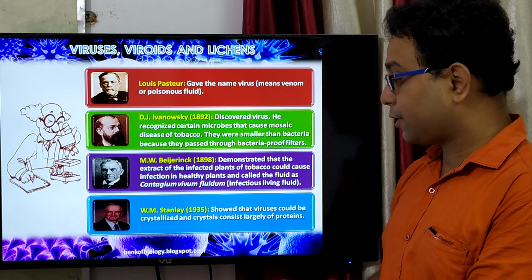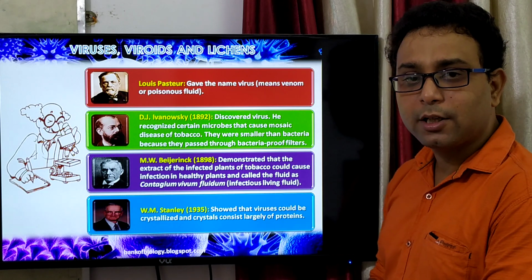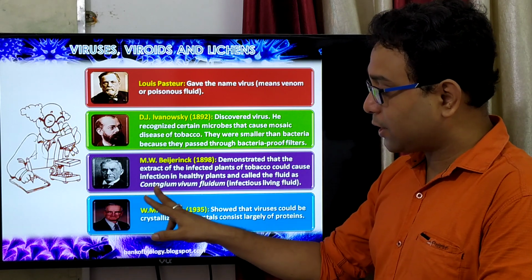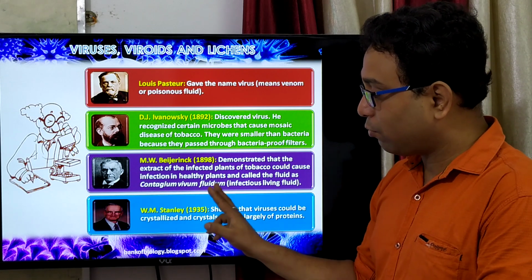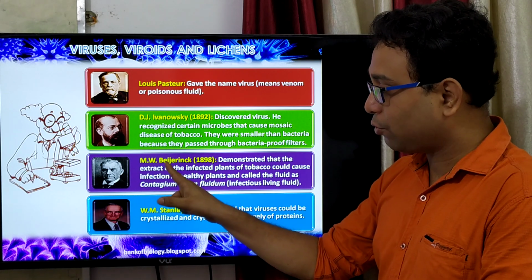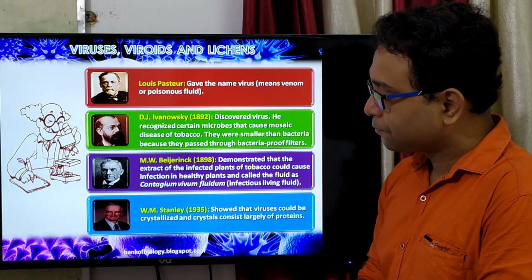So this fluid is very dangerous, and it is called the infectious living fluid, also termed Contagium vivum fluidum. These words were ultimately given by M.W. Beijerinck, very important questions from NCERT.